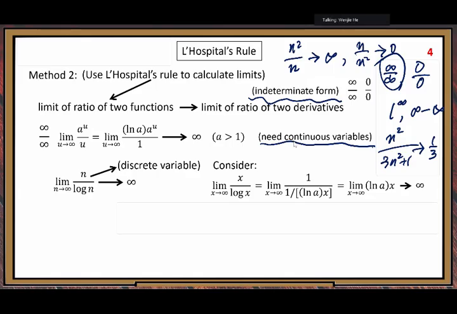Let's recall the definition a little bit. We do not need to repeat the whole definition, but I only want to talk about one special point.